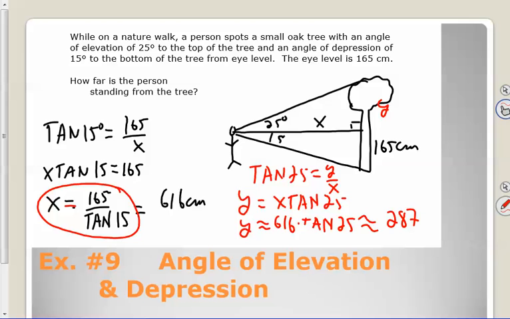But we're not done, because that's this guy. We have to take that 287 and add the 165 to it to get 452 centimeters. So that's how tall the tree is.